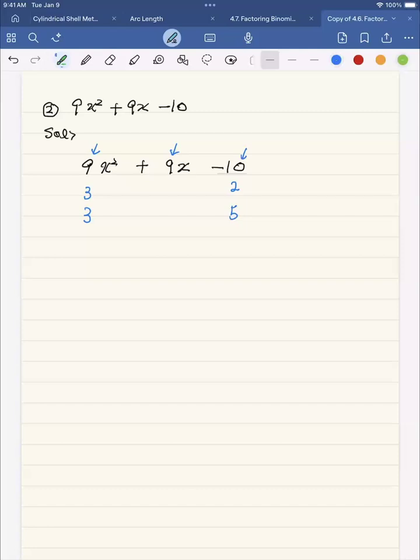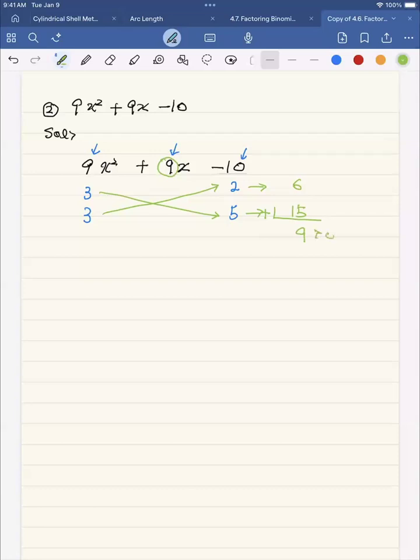And then we consider the cross multiplication. 3 times 2 will make 6, and 3 times 5 will make 15. After we cross multiply, we add them up, and we have to get the number 9 here.